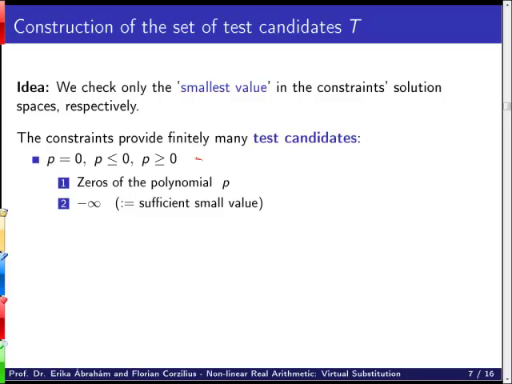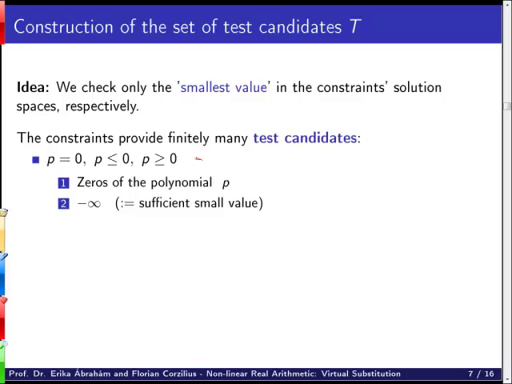And this means actually a very small value, so just sufficiently small. You could also take something like minus some infinitesimal, and then you take, in the end, the minimum of all of them. But this would be more complex to solve later. So we take just a sufficiently small value here. Does not mean, indeed, minus infinity.